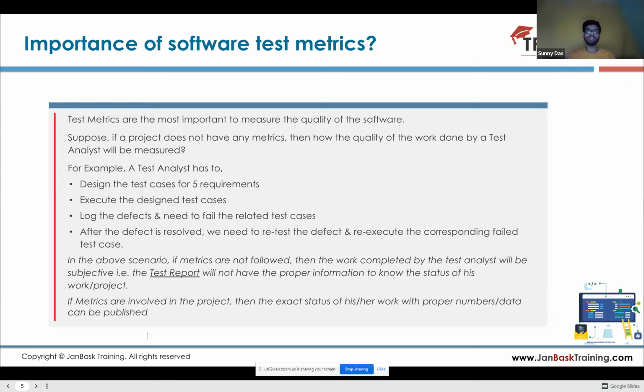Once all these 25 test cases are executed, you need to retest these bugs once they are fixed. And suppose you have 5 failed test cases out of those 10, so how much time will you require to execute those failed test cases again?